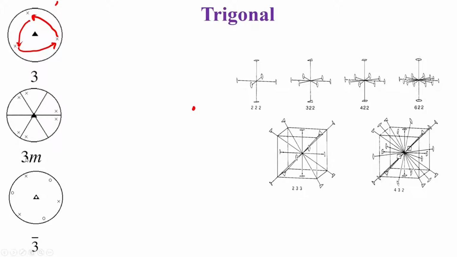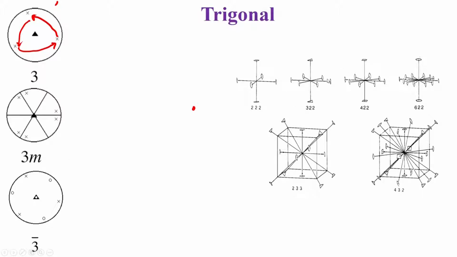So, when the first is a proper symmetry, the second one is an improper symmetry, what should be the third one? The third one should also be either a proper or an improper rotation. So, which is the one which is possible? If there is a proper rotation and then an improper rotation, the third one has to be improper. So, that means there is also a mirror symmetry in the third direction.